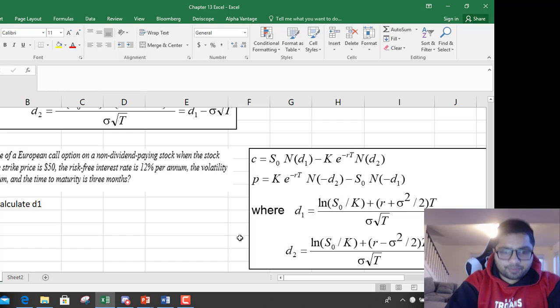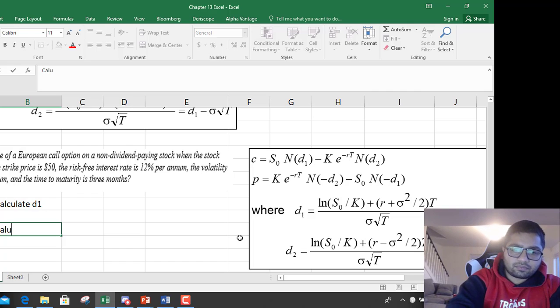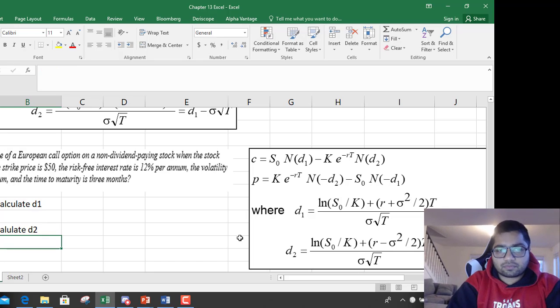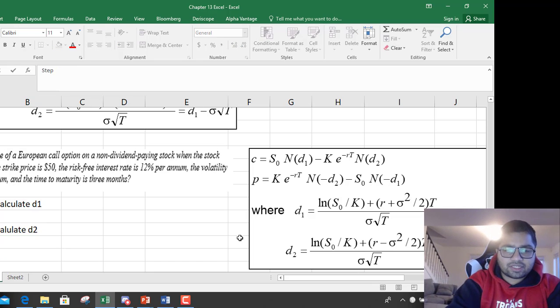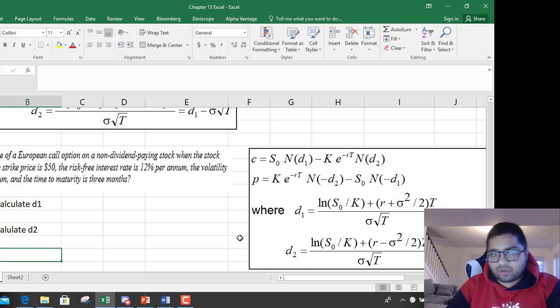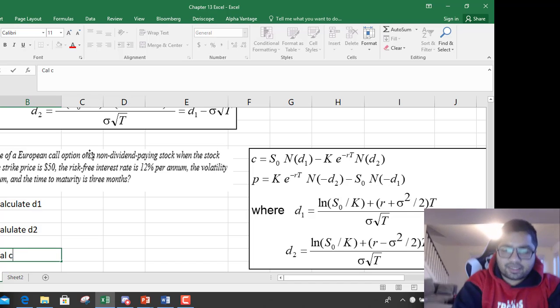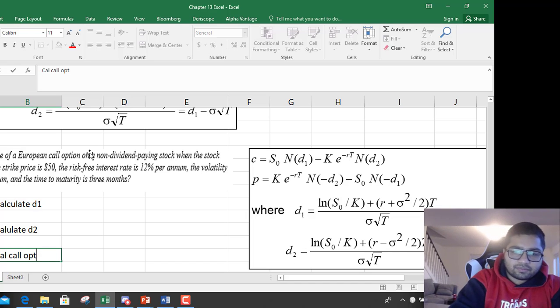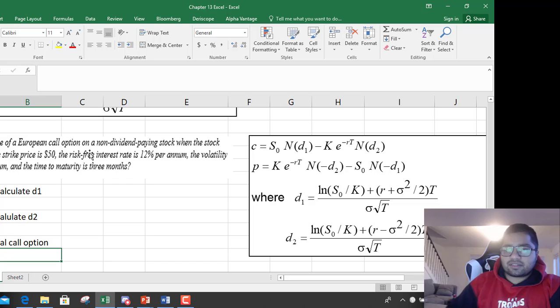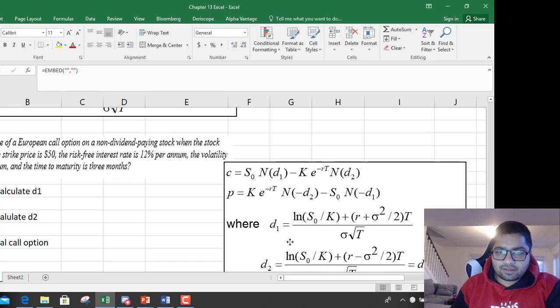Step 2, calculate D2. Once you have D1 and D2, step 3, they are asking you call option, so calculate call option price. If put option was asked, you will calculate put option price.